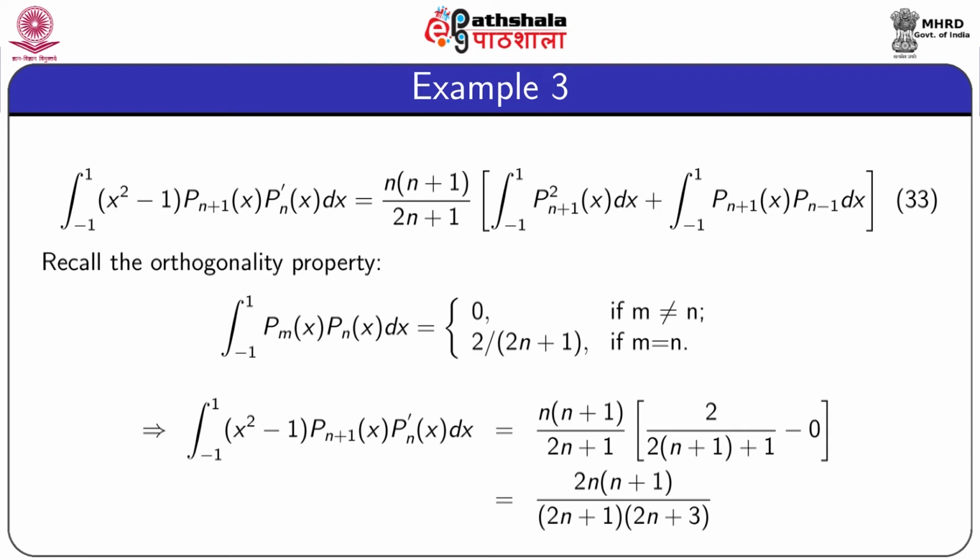Hence, we get the result that the integration from -1 to +1 of (x² - 1)P_{n+1}(x)P'_n(x) dx is equal to n(n+1) divided by (2n+1) multiplied by 2 divided by 2(n+1) minus 0, which after simplification gives 2n(n+1) divided by (2n+1)(2n+3), which is our desired result in example 3.